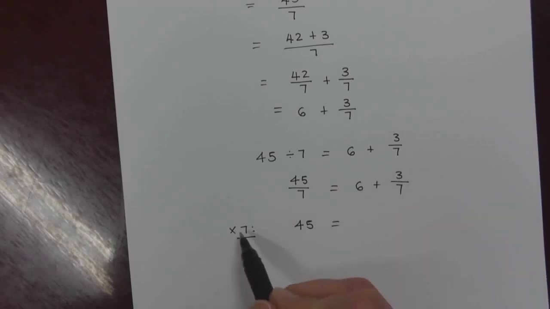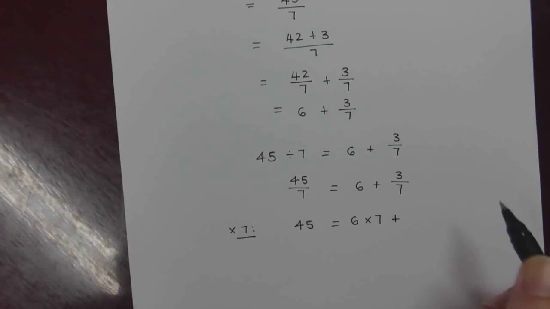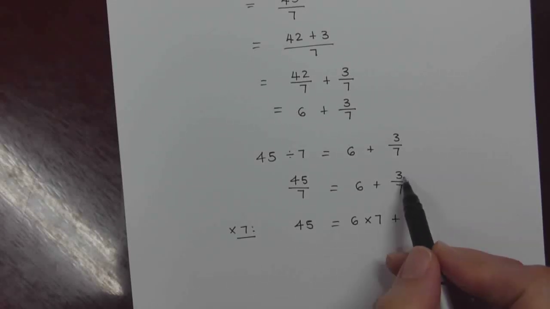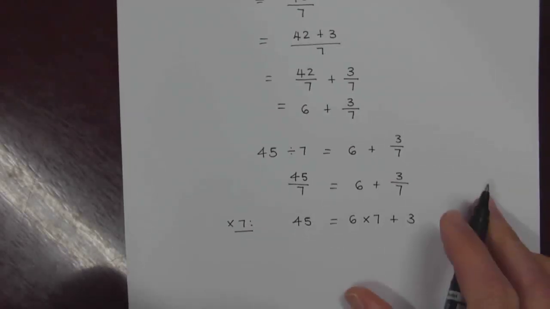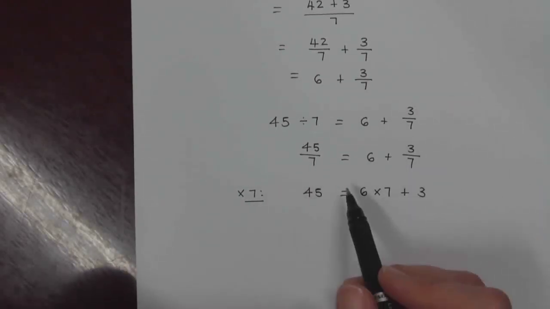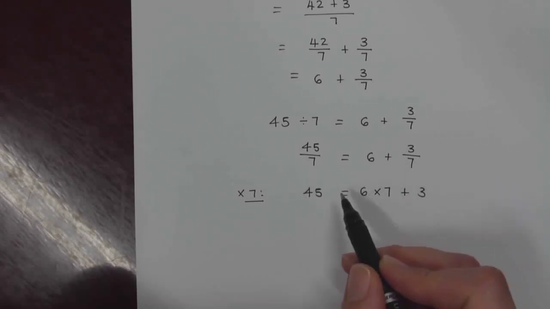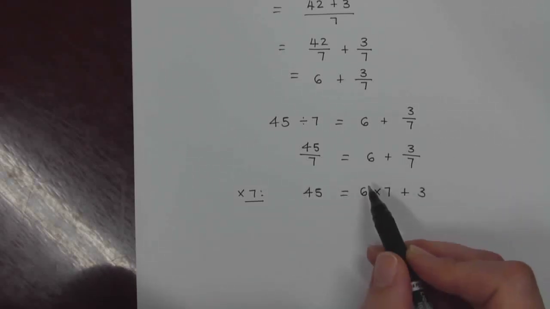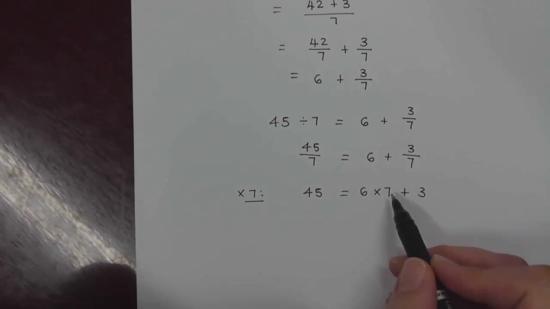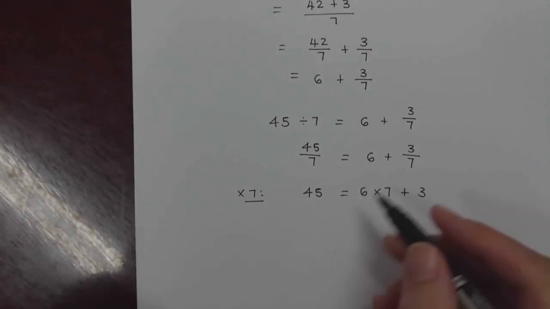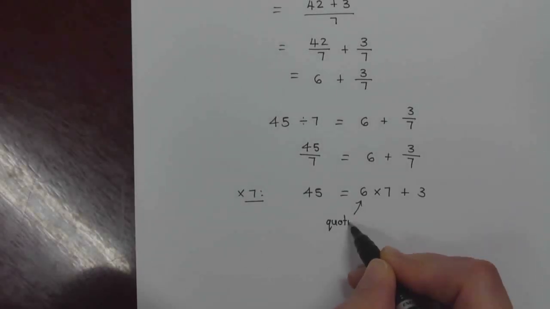Then this is going to be 6 times 7, and I'm going to leave it like that, 6 times 7, plus 3, because 3 over 7 times 7 gives me 3. So what I have to understand there is that 45 can be written as 45 is equal to 6, which was the answer, that was the quotient, times 7, that is the divisor. So this is my quotient, that was my answer.